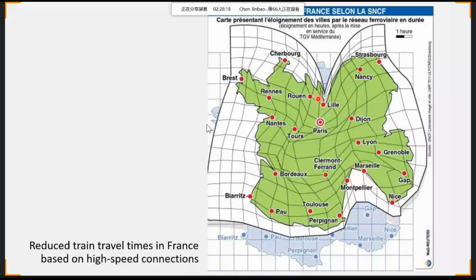So here is the strongest reduction of traveling time, and therefore the distortions are strongest. Here you have Marseille in the background, and here you have it in the distorted map. And again, you have a scale here that refers to time. This means 1 hour, what is written here.